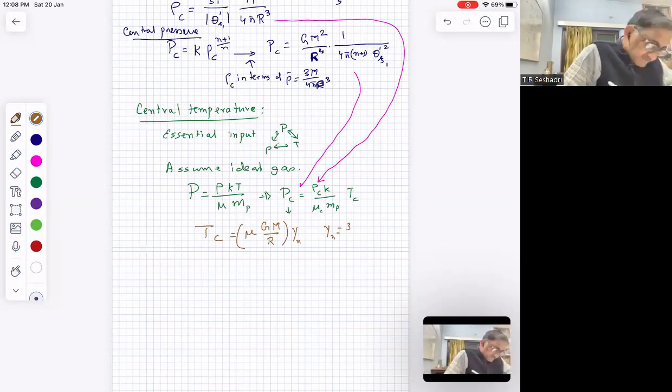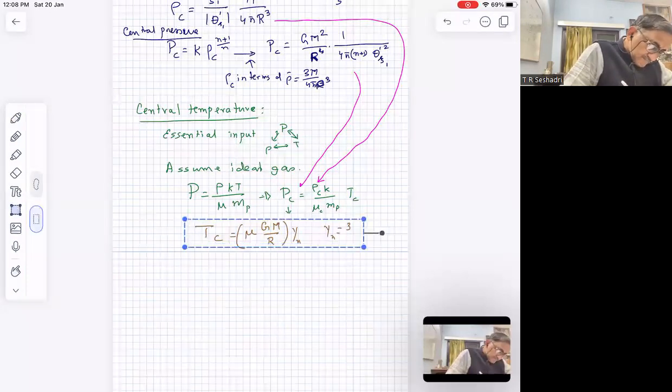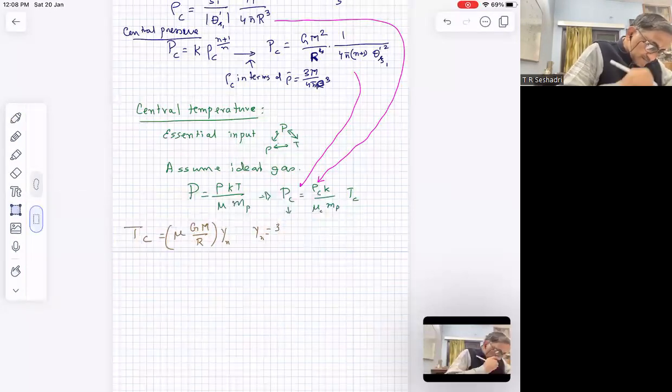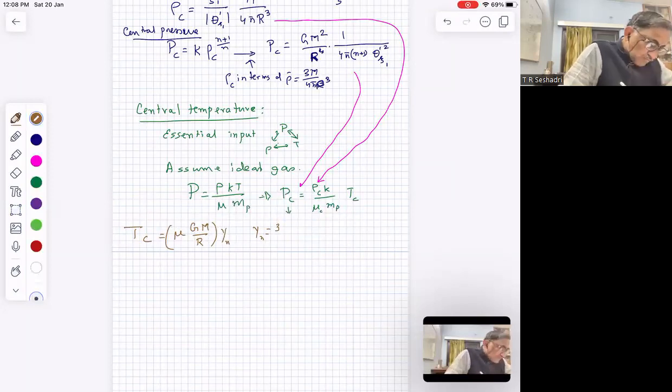Okay, just a minute. So Y_n will be equal to 3 by 4 pi, to the power 1 by n.